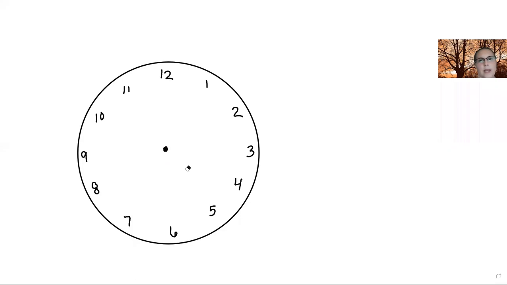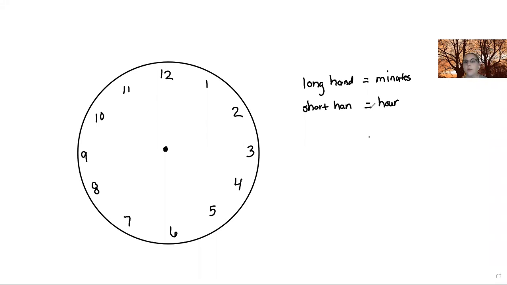When we talk about the big hand, the longer hand, that's going to tell us the minutes. So the long hand equals the minutes. The short hand is the hour. Now with the long hand, you want to also look at what it is after.